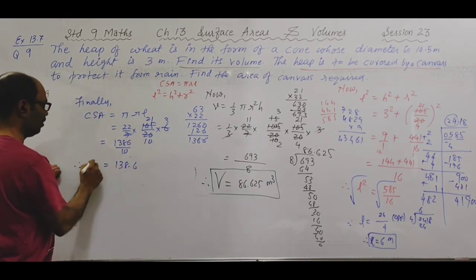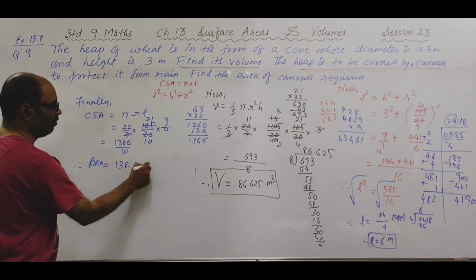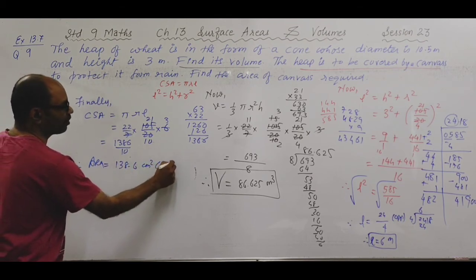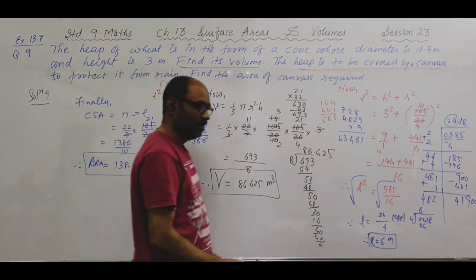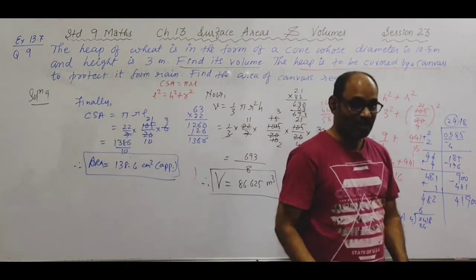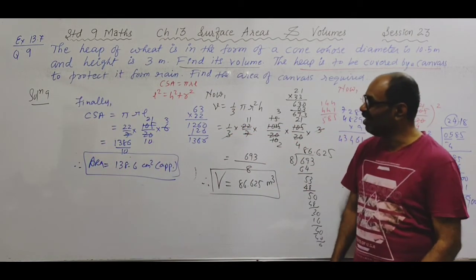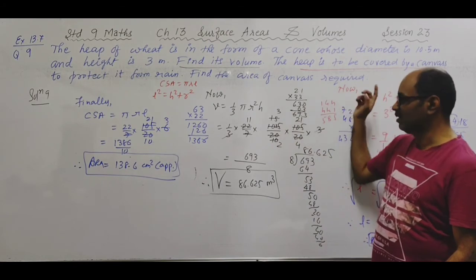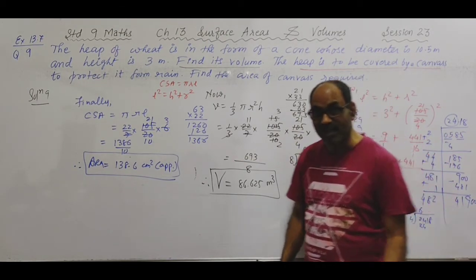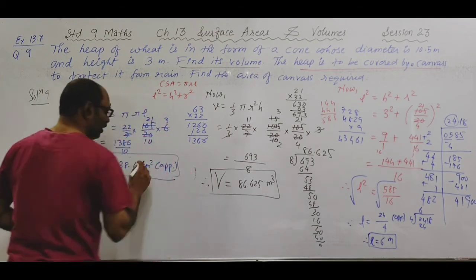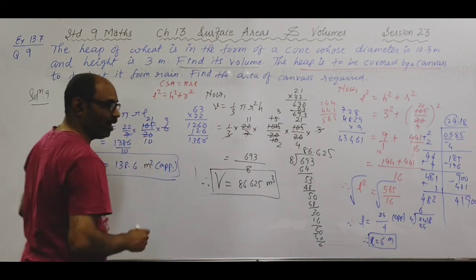What is that? Area. So centimeter square, but approximate. So this is your second answer. Is that clear? You have to write the answer. What will you write? The area of canvas required is 138.6. It's not centimeter, some meter. So it has to be meter square.